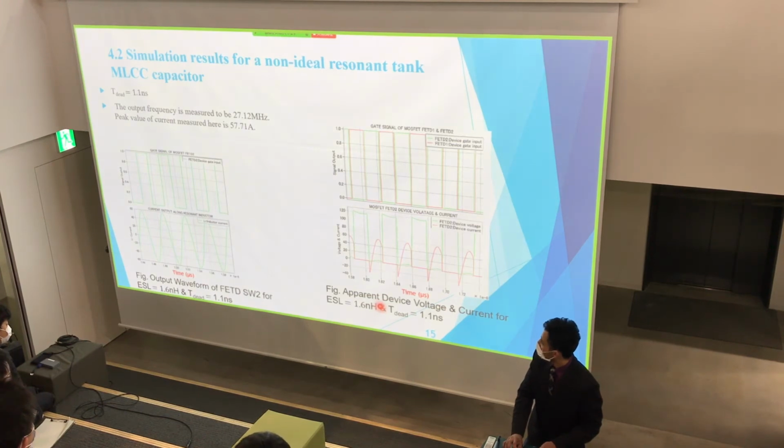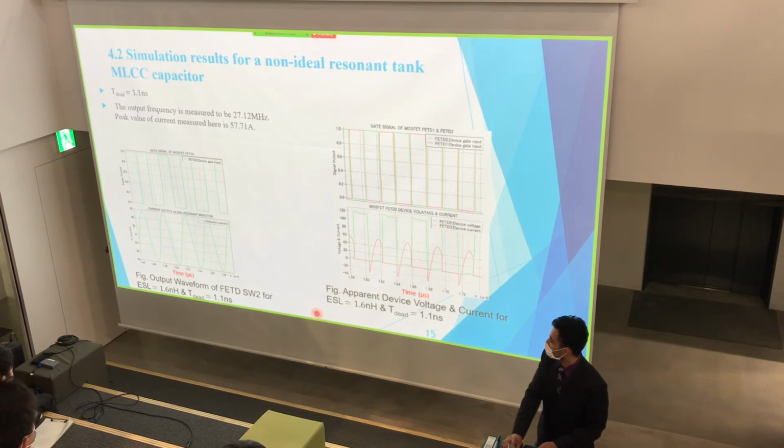In this case, although we get the same output frequency of the current in the inductor, 27.12, the current gets reduced, which is because the impedance increases because of the ESL. Another thing to notice here is that the circuit is a little bit inductive in nature now because of the 1.6 nanohenry.